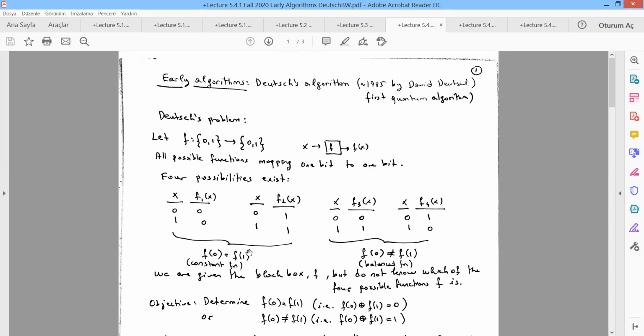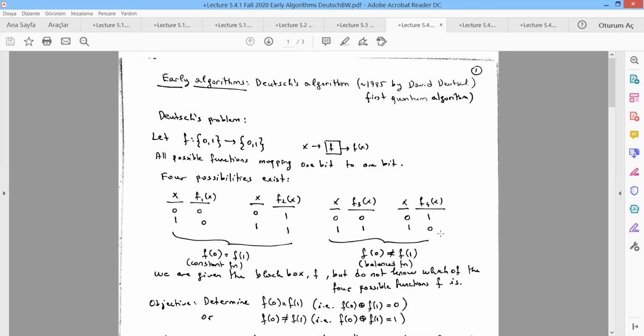So this is one class of possible functions. Another alternative is what we call a balanced function. In other words, f of 0 is different from f of 1. If the input is 0, f of x could be 0, and if the input is 1, f of x could be 1. Another possibility is that for x equals 0, f of 0 is 1, and for x equals 1, f of 1 equals 0.